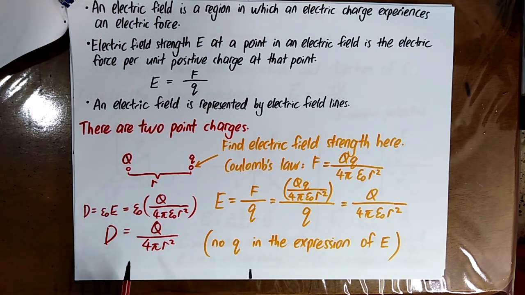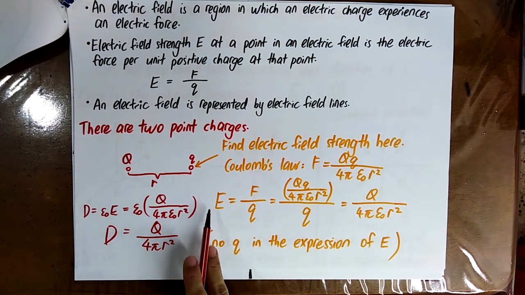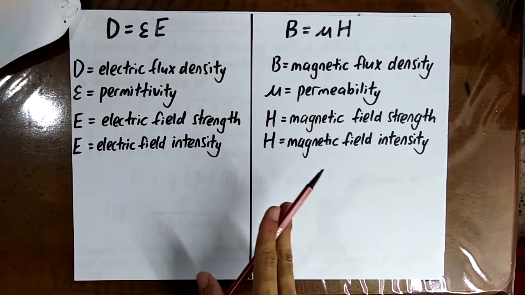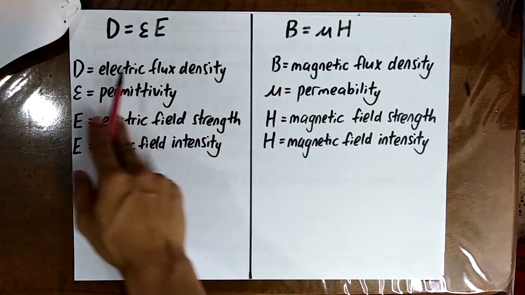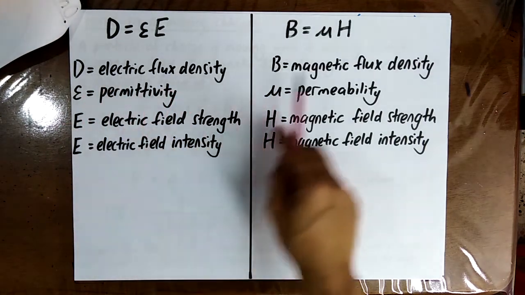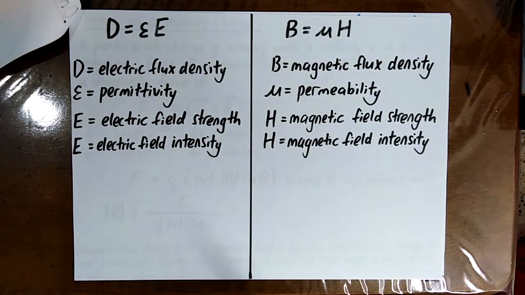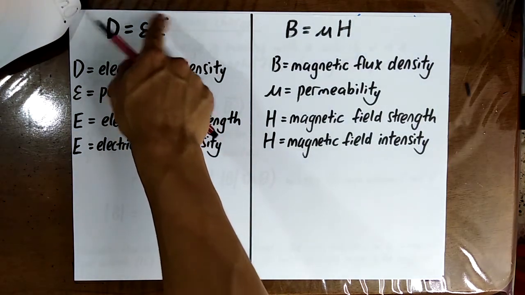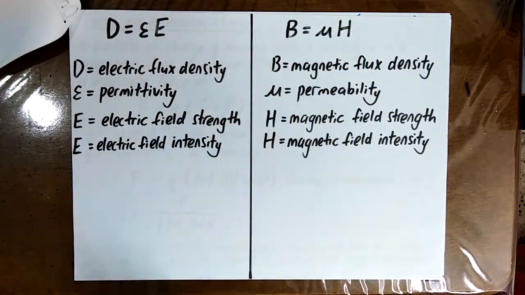The expression for the electric flux density is Q over 4 pi r squared, and the expression for the electric field intensity is Q over 4 pi epsilon r squared. So I want you to remember that the magnetic flux density is just like the electric flux density, and the magnetic field strength is just like the electric field strength here. But in the chapter on electrostatics, you only learned about the electric field strength, and in this chapter, you only learn about the magnetic flux density.